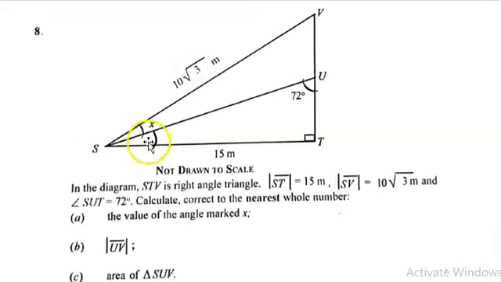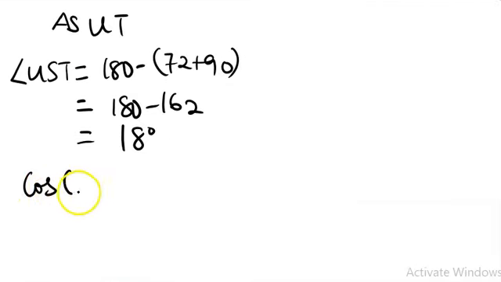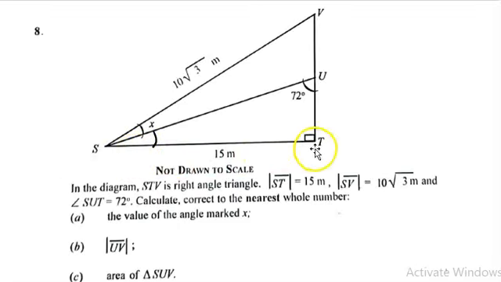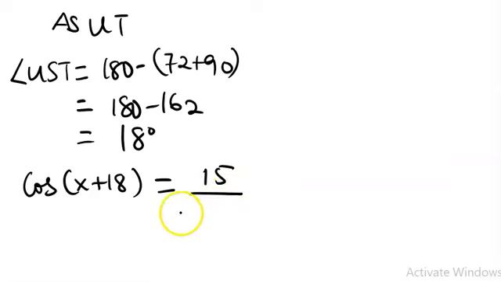So knowing this angle to be 18, we know the hypotenuse, we know the adjacent. So with hypotenuse and adjacent, which of the ratios? That will be cos. So therefore, cos of (x plus 18) is equal to adjacent over hypotenuse. The adjacent side is 15 over this side, 10 root 3.